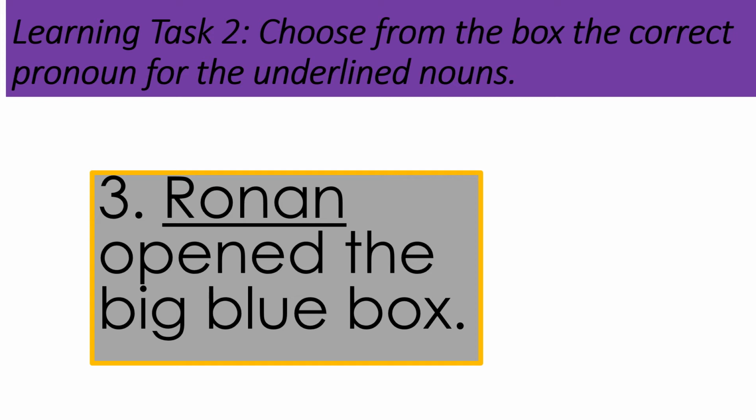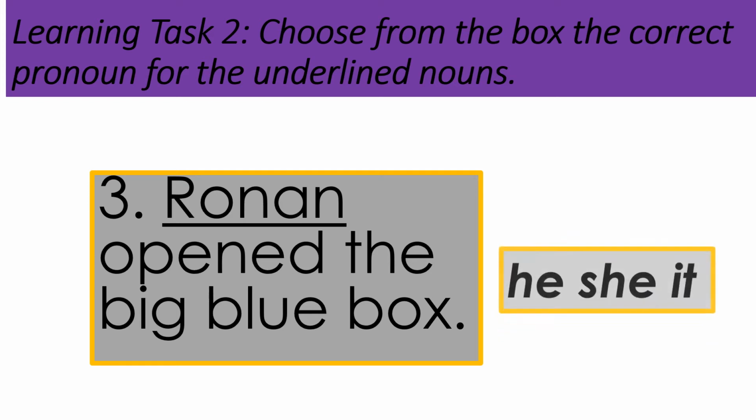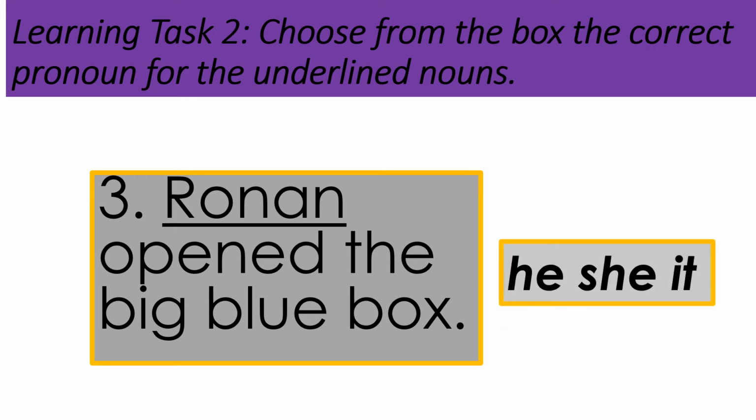Okay, correct. Ronan. Ronan is what gender? Correct. Male or boy. So, what are you going to choose from these pronouns? He, she, or it? Correct. He. Let's read it again. He opened the big blue box. Correct. Nice.